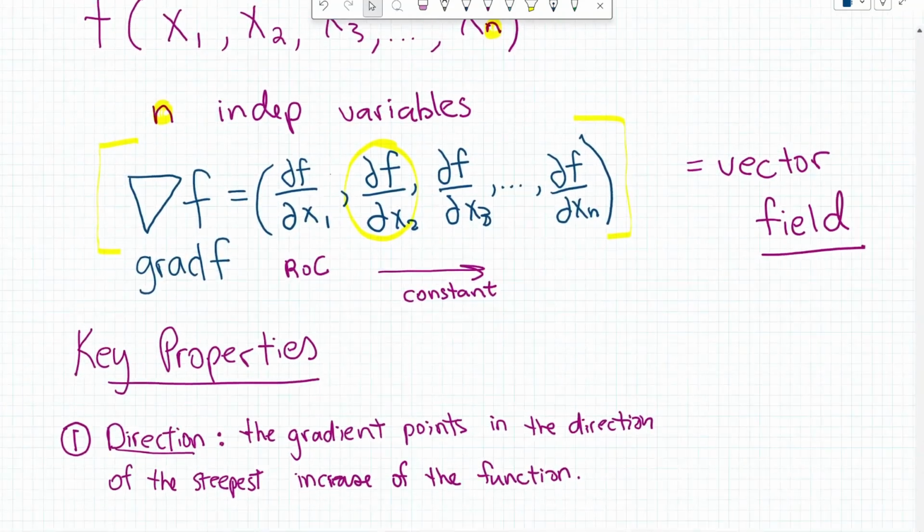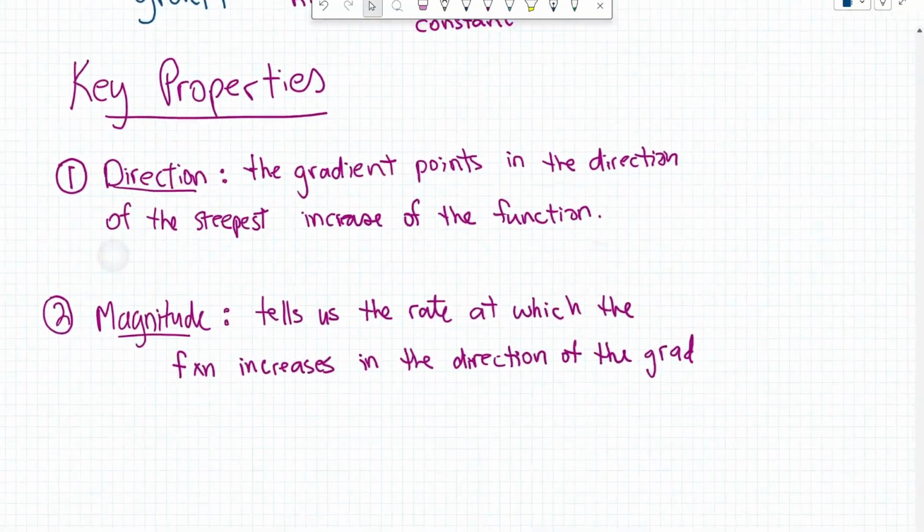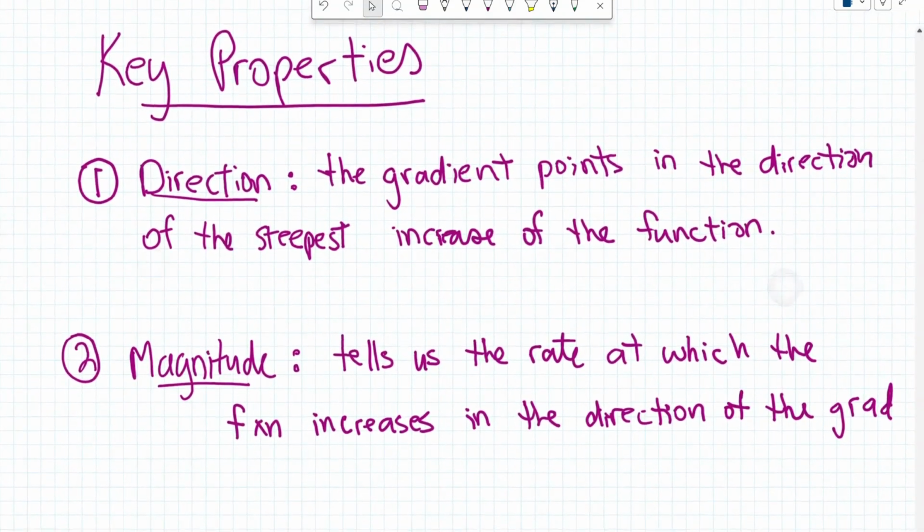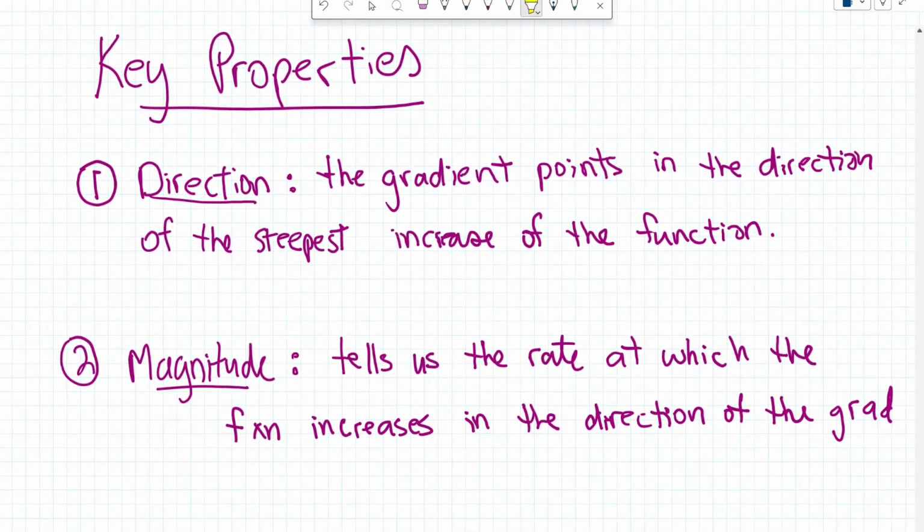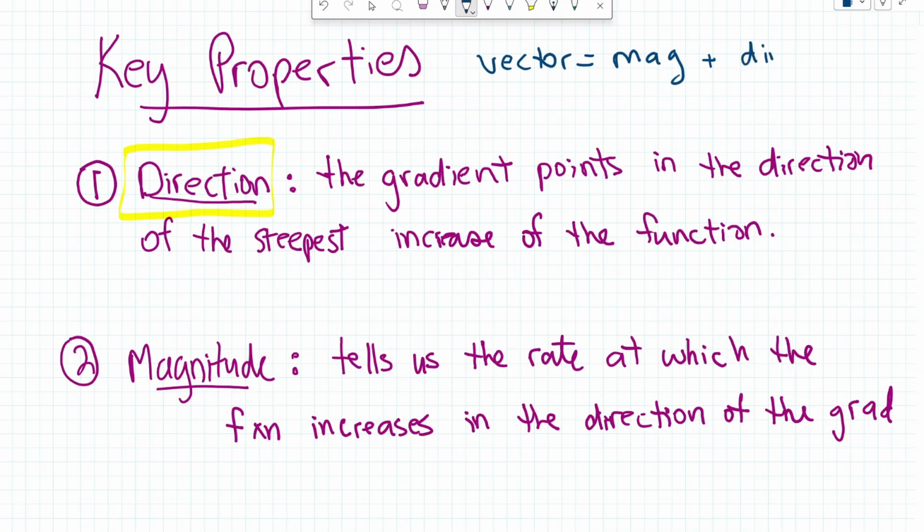Okay, so now let's look at some of the key properties of our gradients. The first thing is we want to look at the direction. We already know that a vector has magnitude and direction. That is its very fundamental definition. Since a gradient is a collection of partial derivatives within a vector, it still has the same properties that all vectors have to possess.